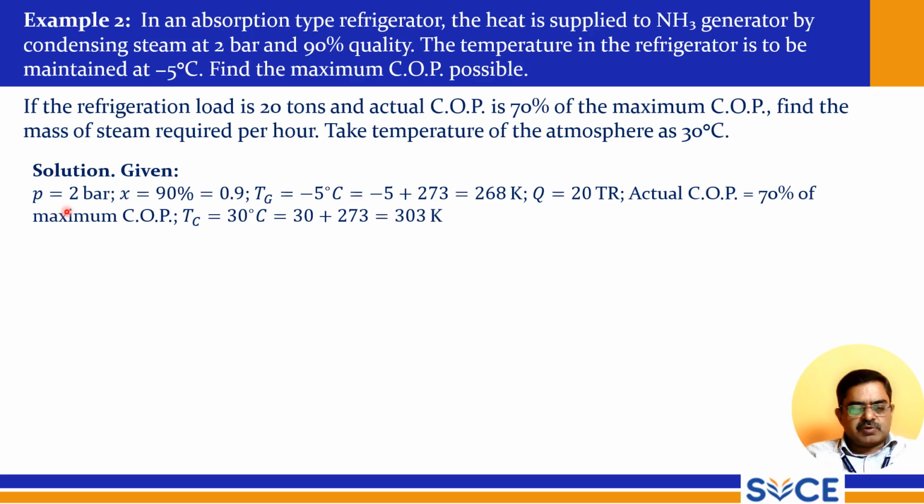So P equal to 2 bar, pressure is 2 bar, X equal to 90% quality, and TE equal to minus 5 degrees Celsius. So that is in Kelvin, and Q equal to 20 tons of refrigeration, and the actual COP is 70% of the maximum COP. TC equal to 30 degrees Celsius, so that is 303 Kelvin.